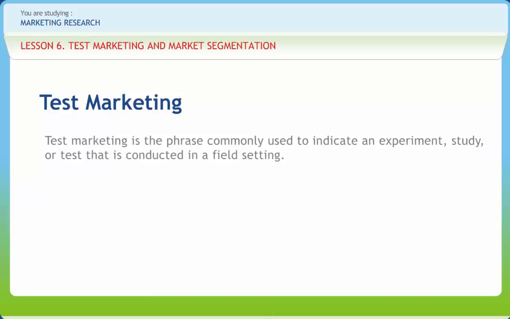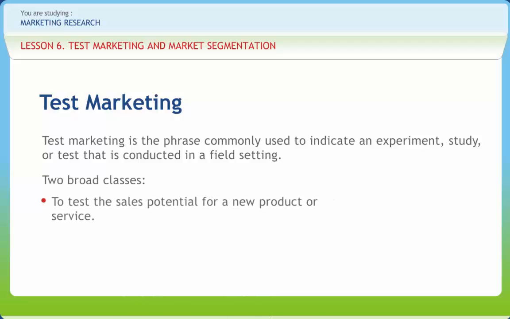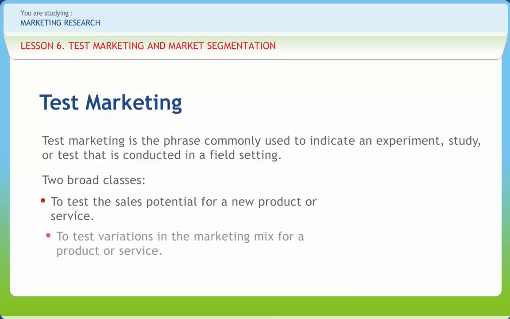Test marketing is the phrase commonly used to indicate an experiment, study or test that is conducted in a field setting. Two broad classes of test marketing are to test the sales potential for a new product or service and to test variations in the marketing mix for a product or service.